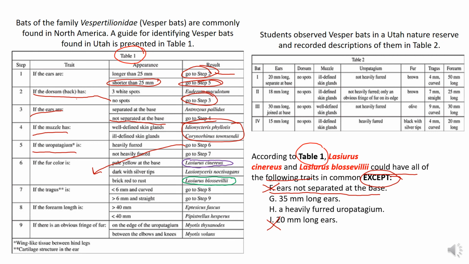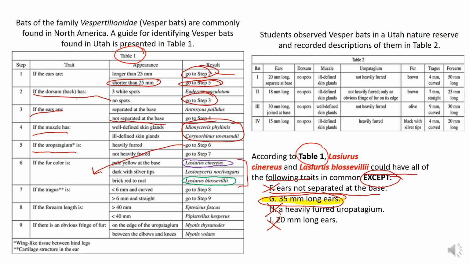Once we get to step 6, we are here and the names are popping up. So heavily furred is right because the first 2 are based off of this. So the most common would be G.